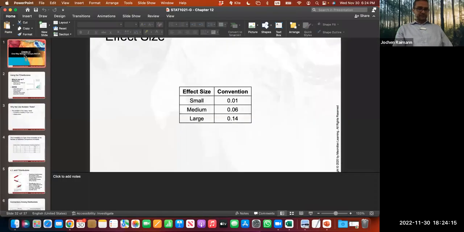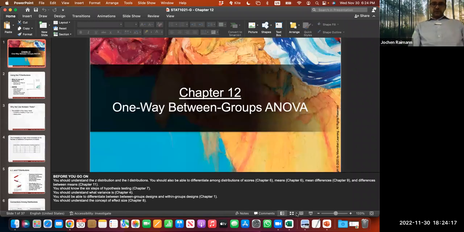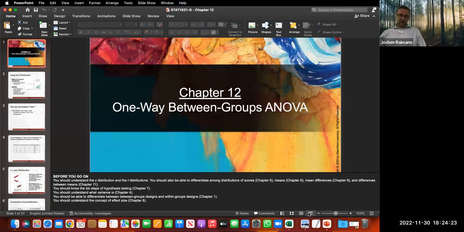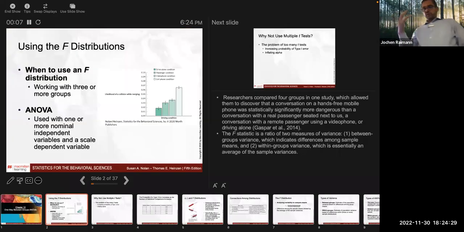Analysis of variance. So as said, we are continuing the hypothesis testing, and it is not quite easy to understand that we did hypothesis testing.